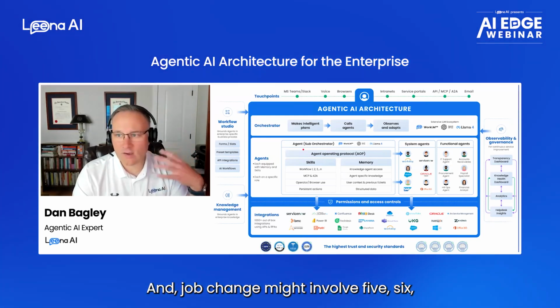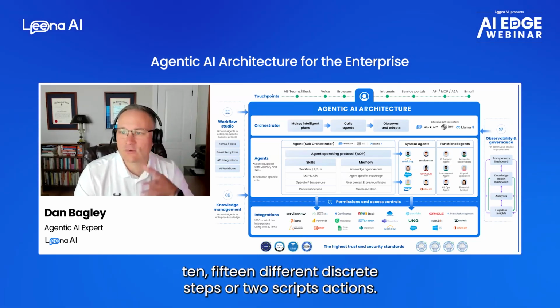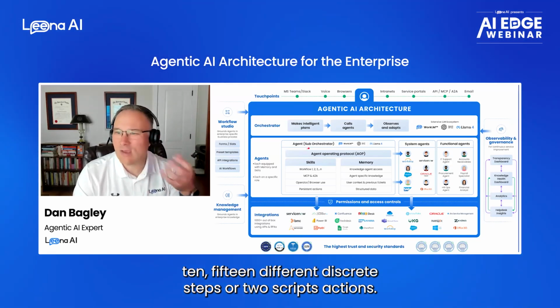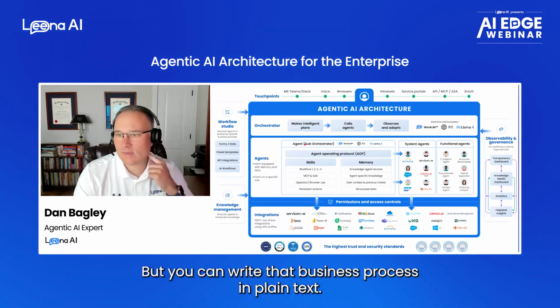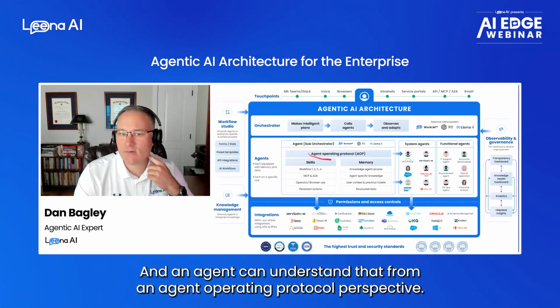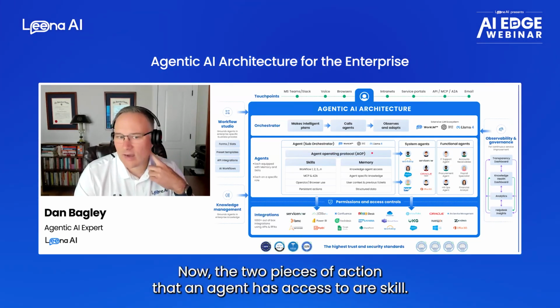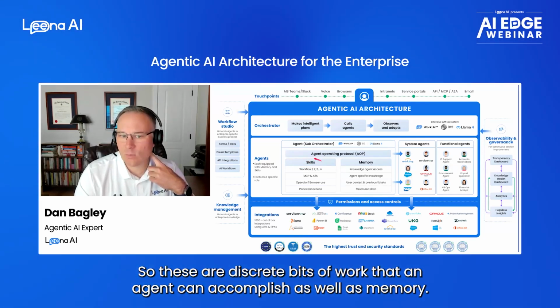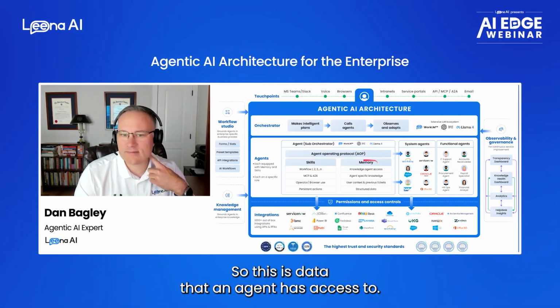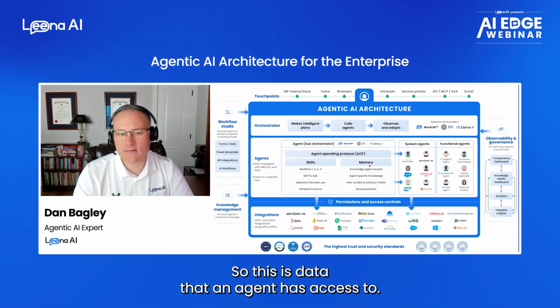A job change might involve 5, 6, 10, 15 different discrete steps or discrete actions, but you can write that business process in plain text, and an agent can understand that from an agent operating protocol perspective. Now, the two pieces of action that an agent has access to are skills. These are discrete bits of work that an agent can accomplish, as well as memory. This is data that an agent has access to.